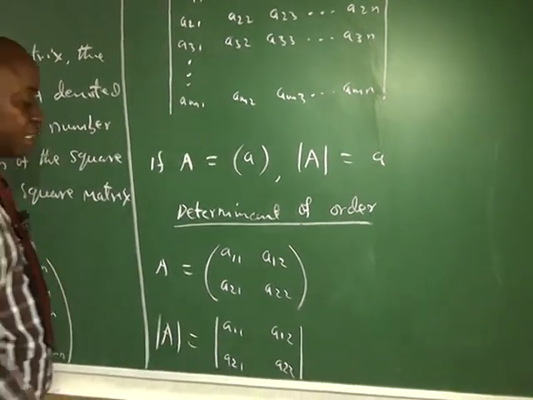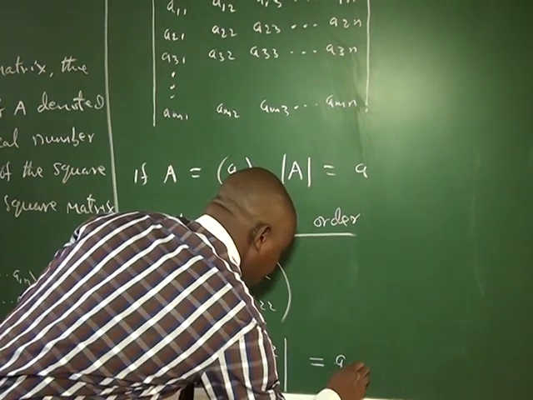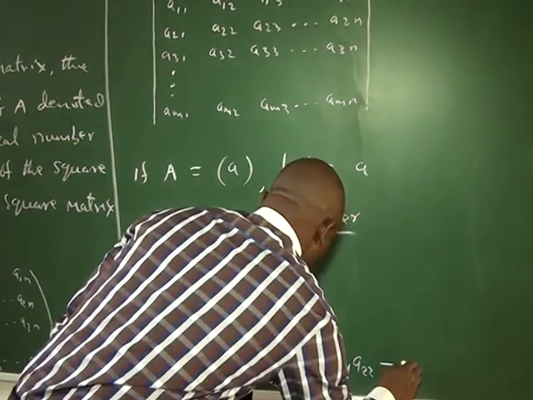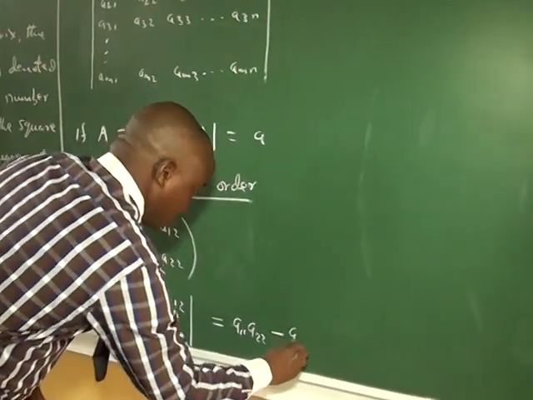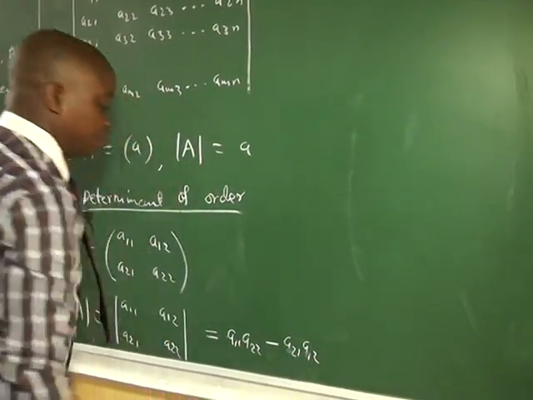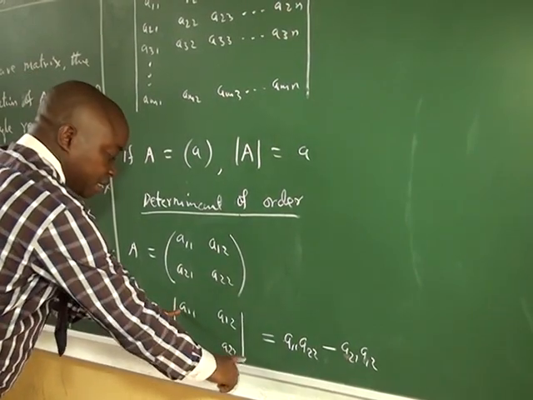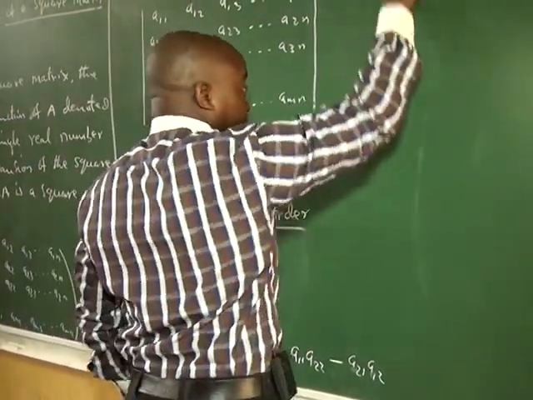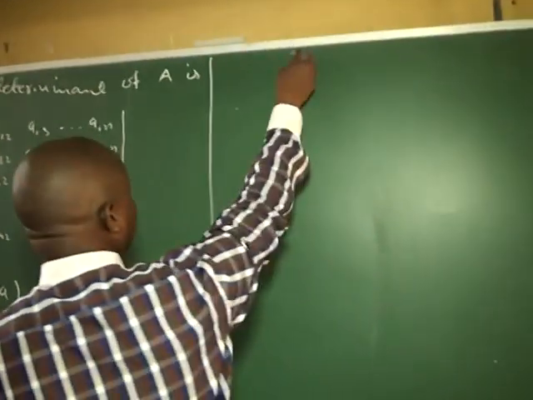This is the determinant of A, and it is defined as A11 A22 minus A21 A12. In other words, I multiply here, minus I multiply here. And so you can finalize that the determinant of 2 by 2 is in this form.